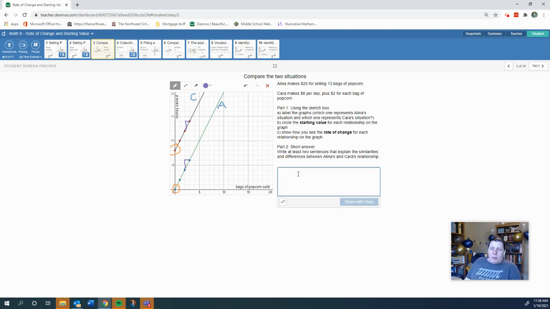And then short answer: write at least 2 sentences explaining the similarities and the differences between Alina's and Kara's relationships. So, similarities. They have the same rate of change because both get $2 per bag. This makes the graphs have the same angle.